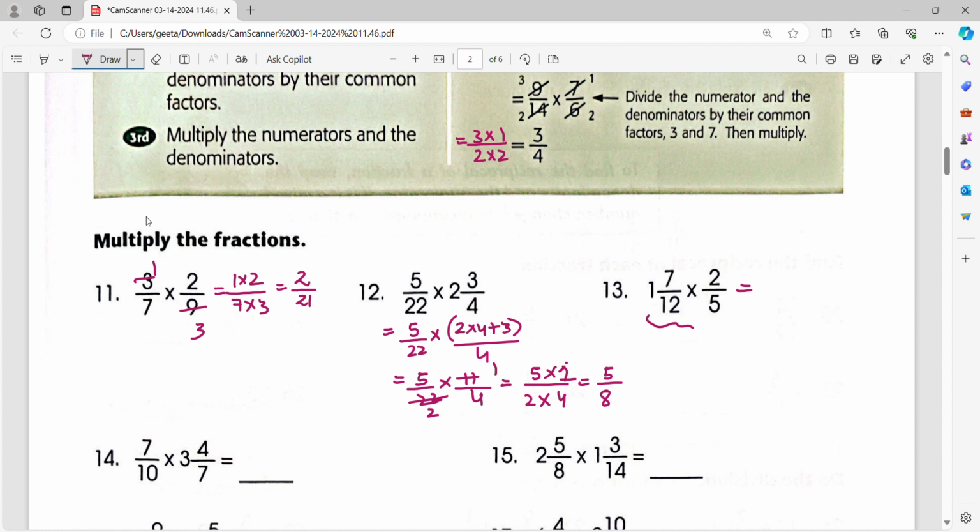What would it be? 19 over 12. Very right. 12 plus 7 is 19. Okay, now tell me, can I cut this 12 with 2? Does 12 come in the table of 2?